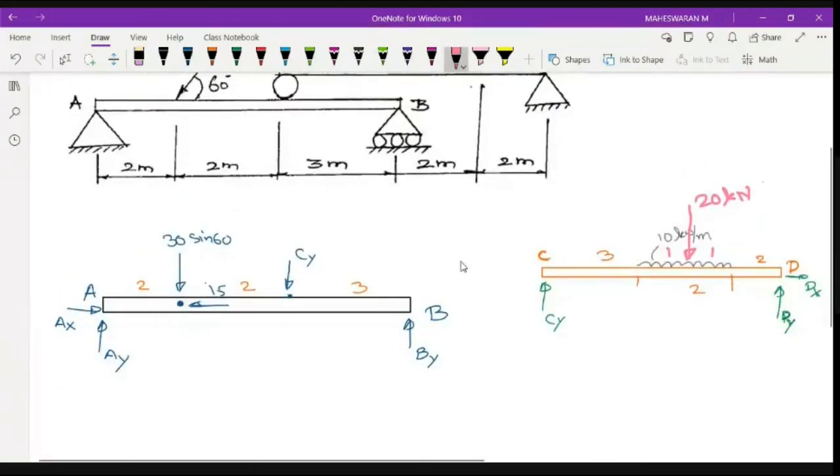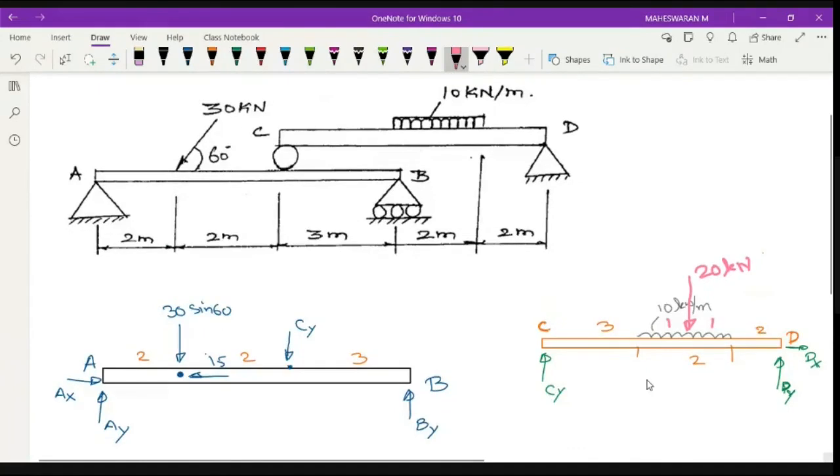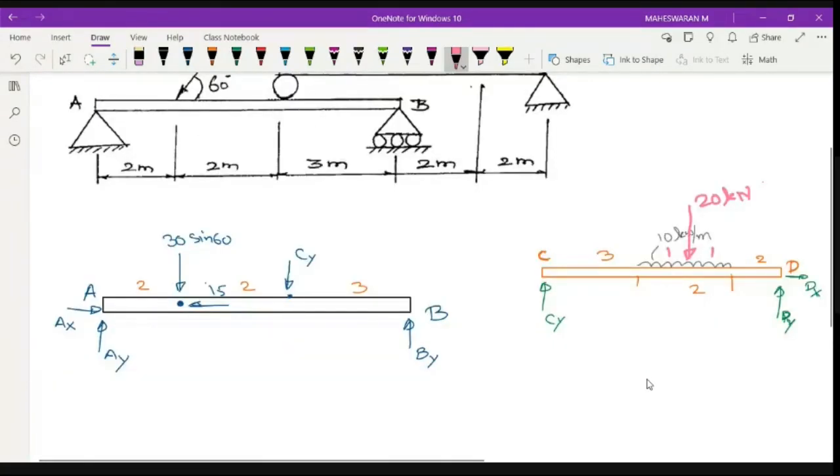For beam AB and the CD. So the first one, which one do we have to solve first? AB beam or CD beam? CD, sir. CD, very good. The reason is that whichever has minimum unknowns has to be solved first.